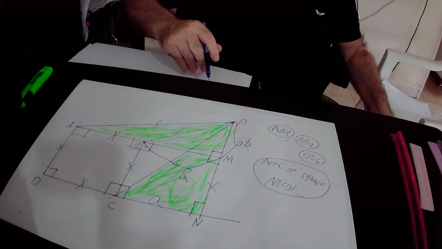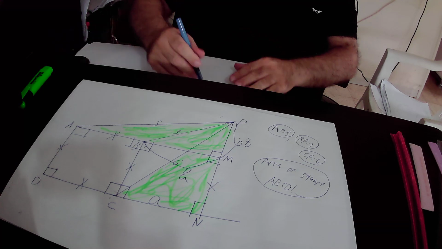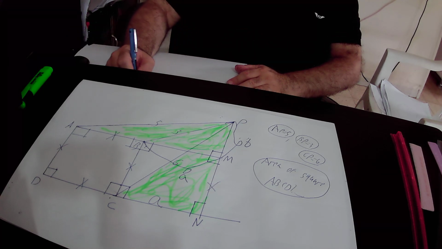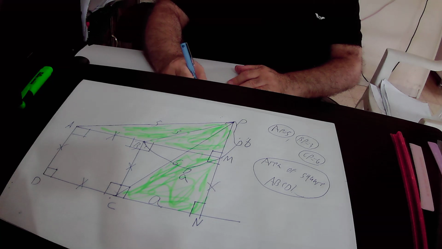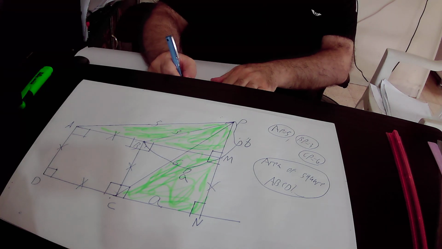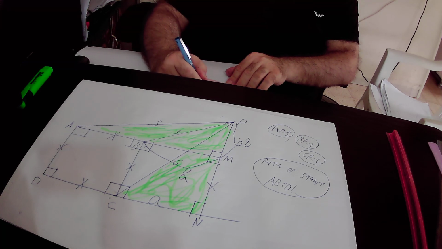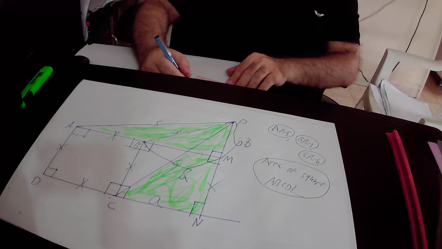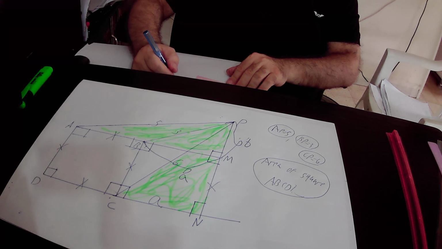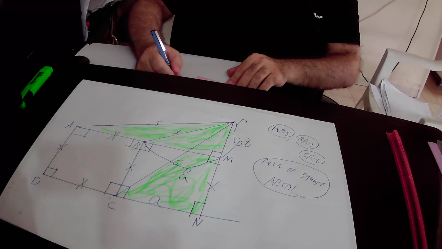Okay, so we can write down that in the right triangle APM, the hypotenuse AP is equal to 5 units, and it is bigger than AB, that is equal to x.